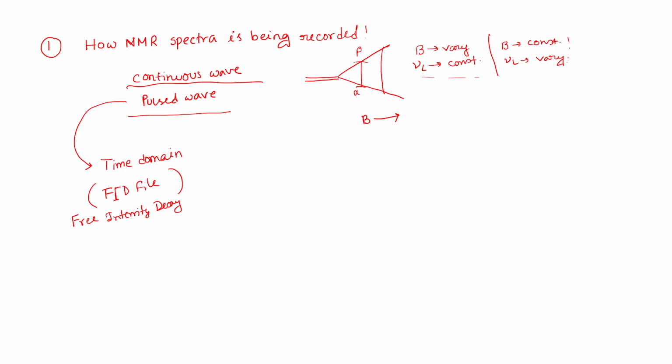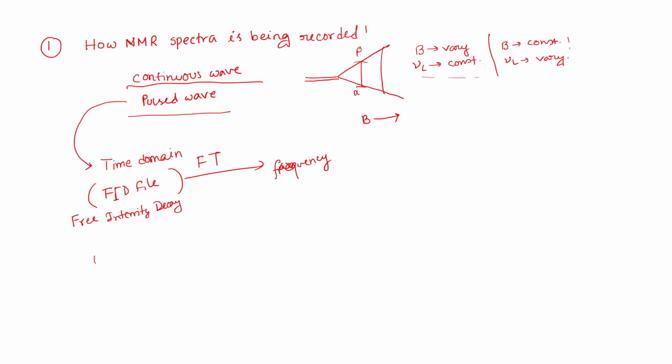Now this FID file gets Fourier transformed to get this in the frequency domain, which we are most familiar with. In the time domain, you get all of the decay at once. Then what is the advantage?